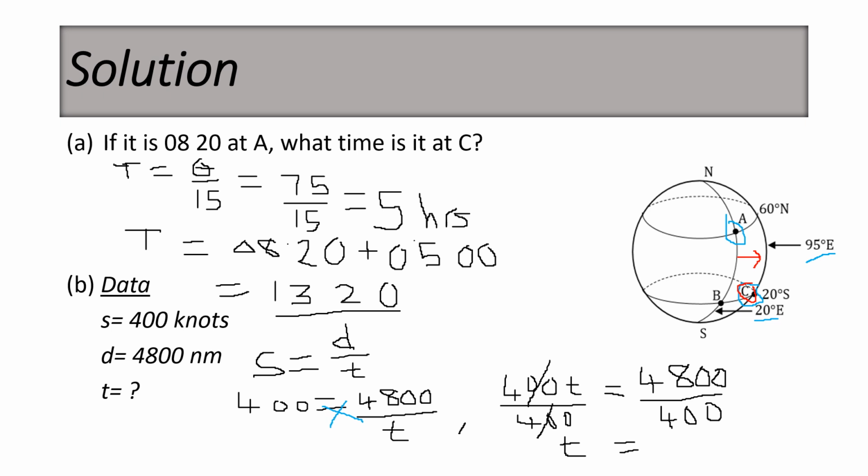To simplify things, since this question is coming from paper 1, and in paper 1 you are not advised to use a calculator, a calculator is not needed at all. You cancel the zeros, then you can just divide 4 into 48, whereby you get 12.